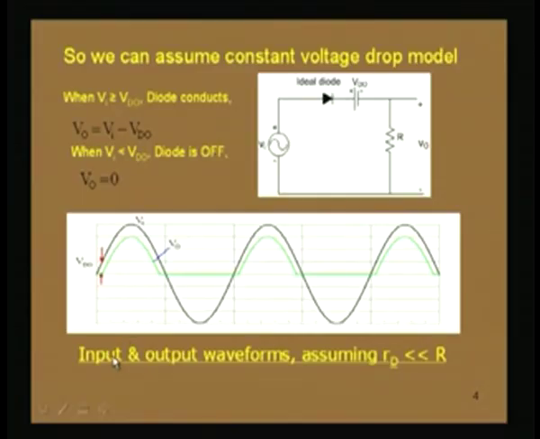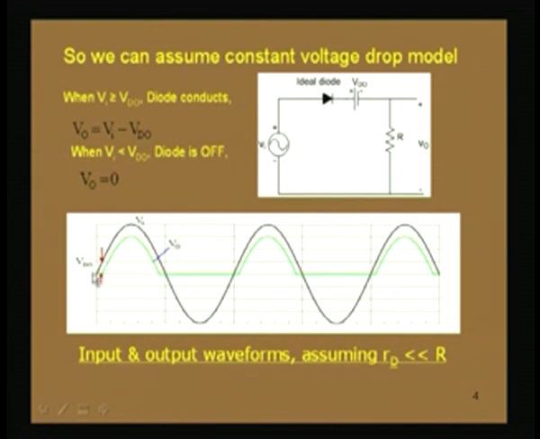So, if we now consider the input voltage and the output voltage V_0 superimposed on each other, then we get these voltage waveforms, where you can see that the output voltage differs from the input voltage by V_D0. So, a V_D0 drop will be there across this diode, and so at each point the output voltage differs from the input voltage by the diode drop V_D0.